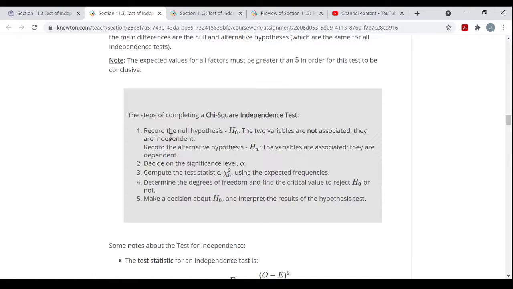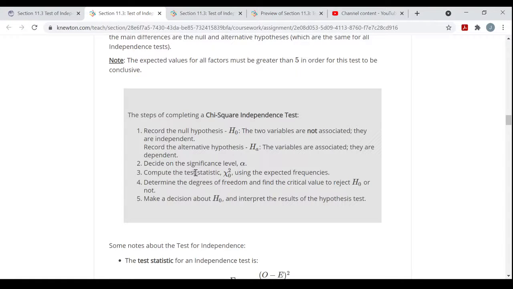So we're going to be assuming that the variables are independent and then deciding whether or not to reject that. The alternative hypothesis is that the variables are associated, therefore they are dependent. Number 2, you decide on the significance level, that value of alpha.